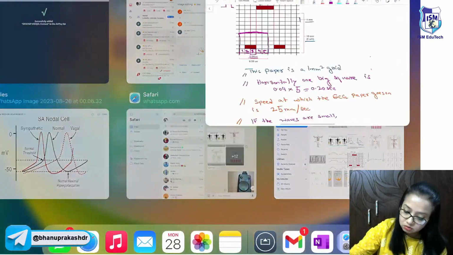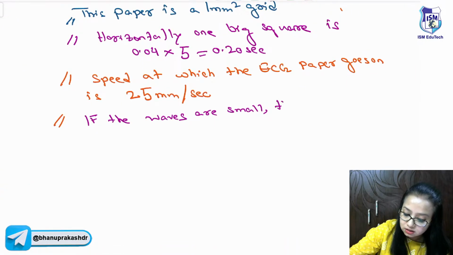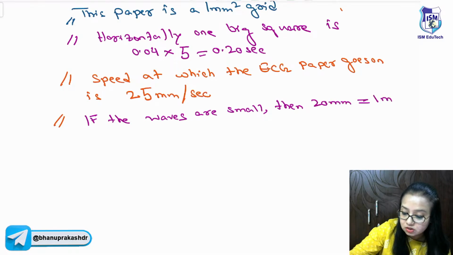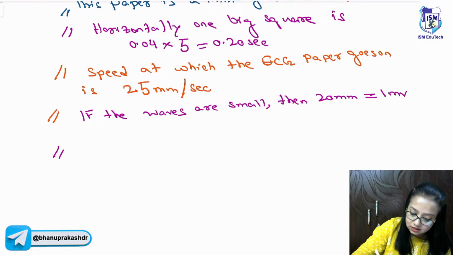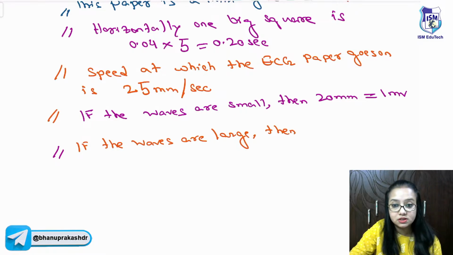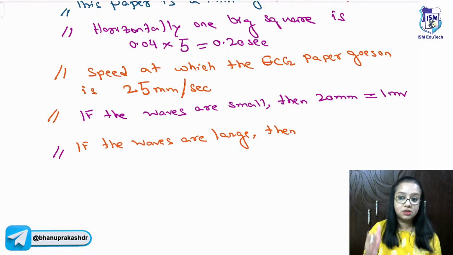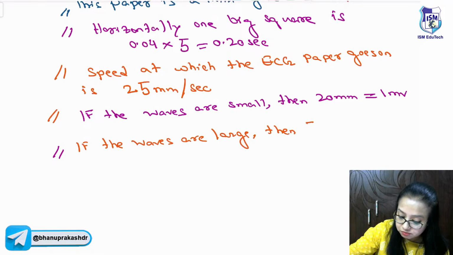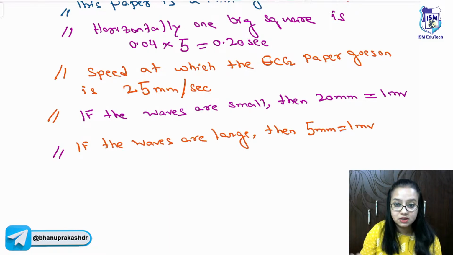If the waves are small, then 20 millimeter will be equal to 1 millivolt. Reversely, if the waves are large, then automatically it will reduce. The normal is 10 millimeter. If the waves are large, again it will reduce to half. Then 5 millimeter will be considered as 1 millivolt.